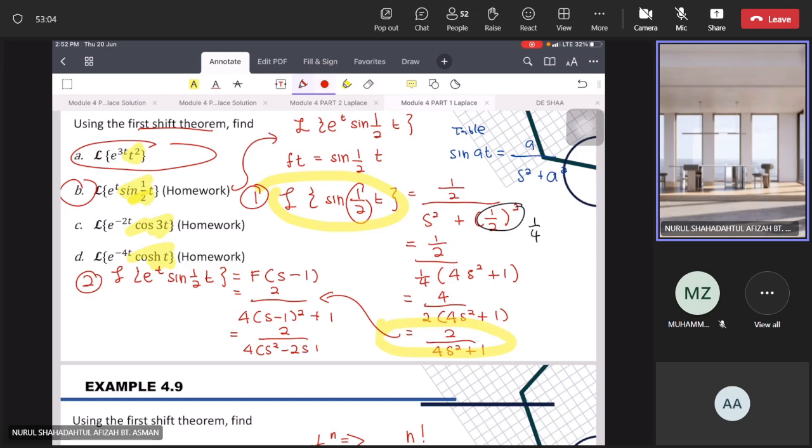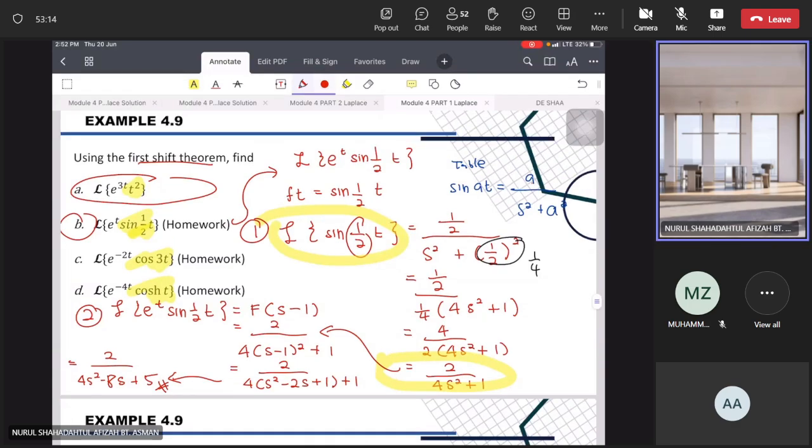So you get this as the final answer. So this is the answer for example B.